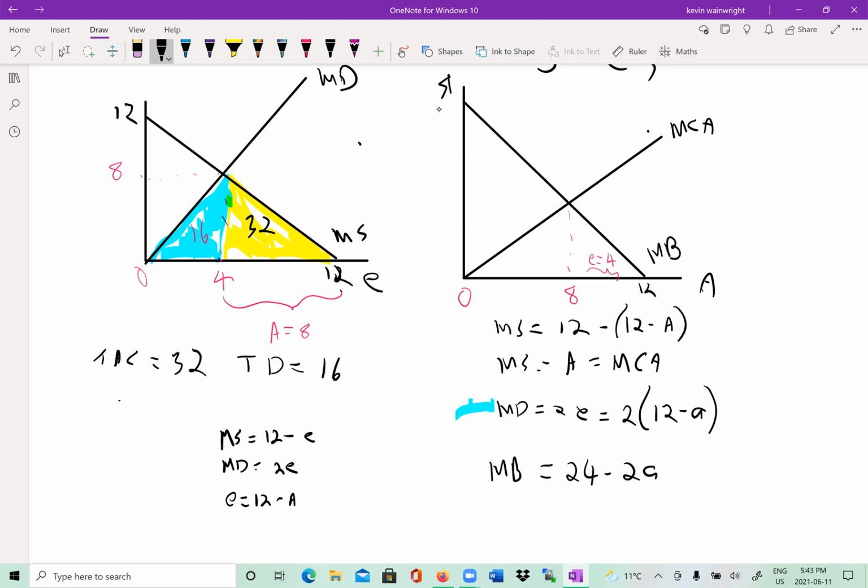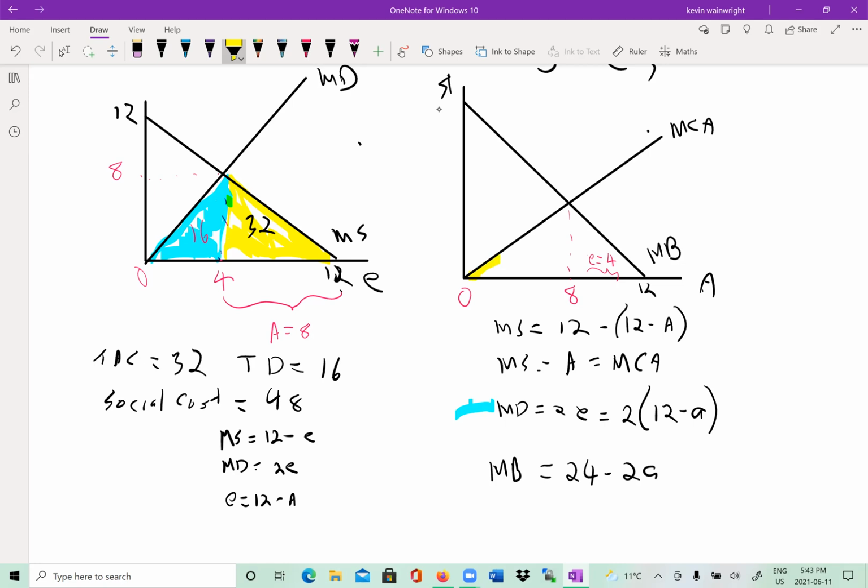And the total social cost is 48. So social cost is total abatement cost plus total damages. That represents social resources that are redirected because of the existence of emissions, okay?